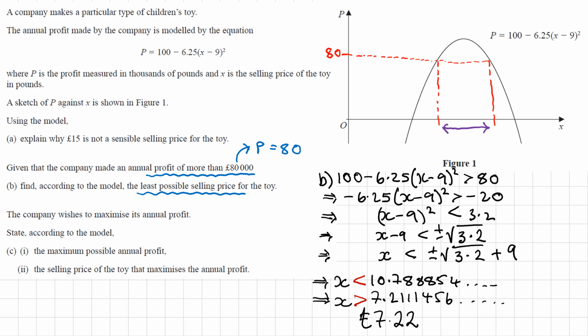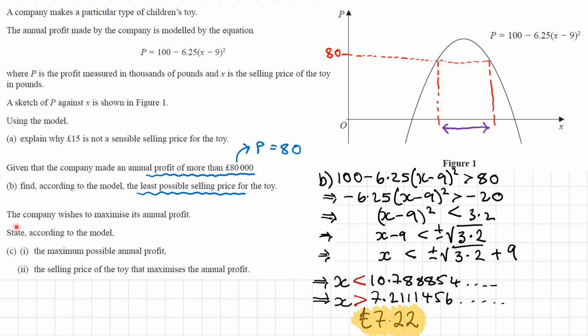You've got to round it up to the next penny so that your profit is above 80,000, not equal to 80,000. If I were to use £7.21, you can put the numbers in and check for yourself. You would get a profit which is either equal to or below 80,000. It needs to be more than 80,000.